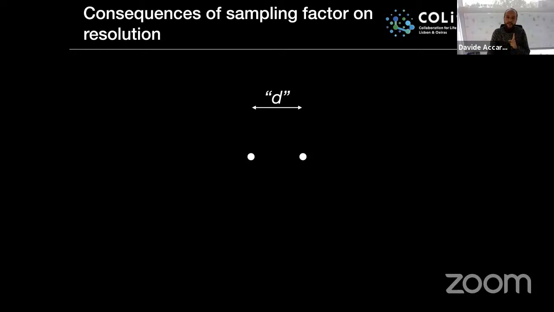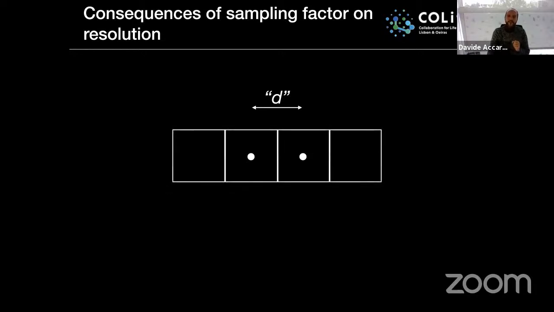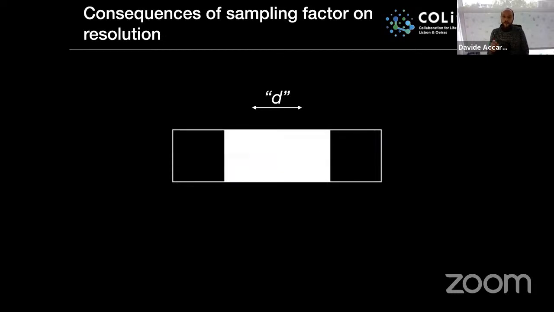But what will happen if we sample with a pixel size that is the same as our minimal resolvable distance? These two points will fall into adjacent pixels. This will result in an image of two adjacent bright pixels that will be seen as one elongated object, right? So we are still not resolving and we are losing information.